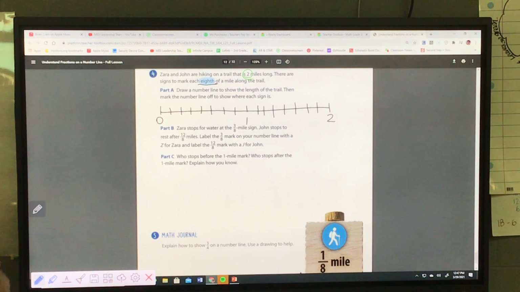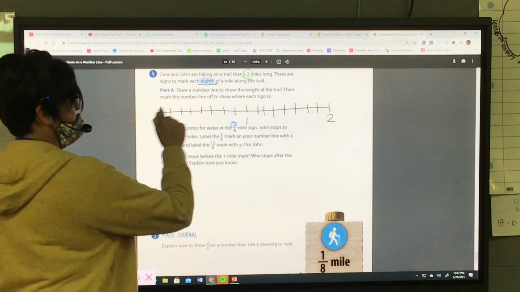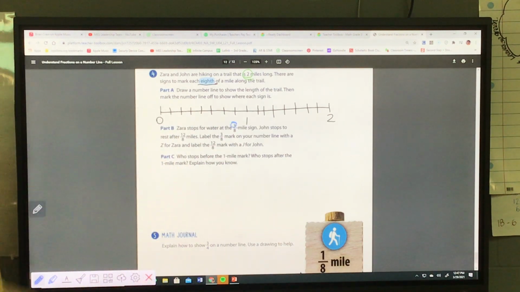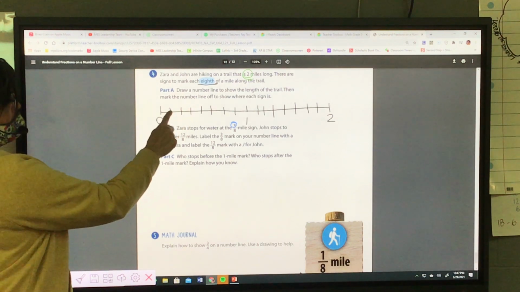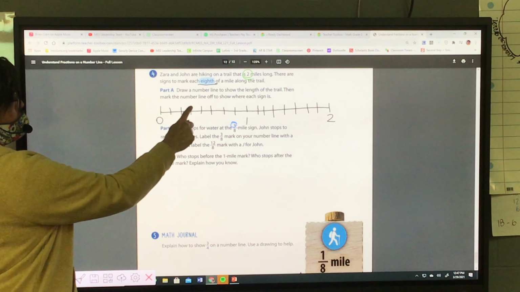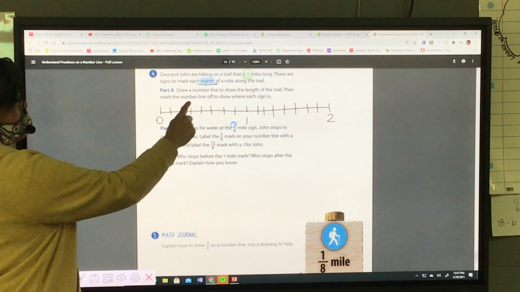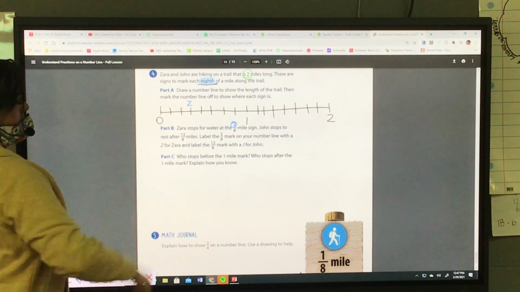Okay, did you find the 3/8 one? This top number, the numerator, tells us how many parts to count across, right? How many marks are we counting across? 3. So 1, 2, 3. What are we labeling here? A Z for Zara.